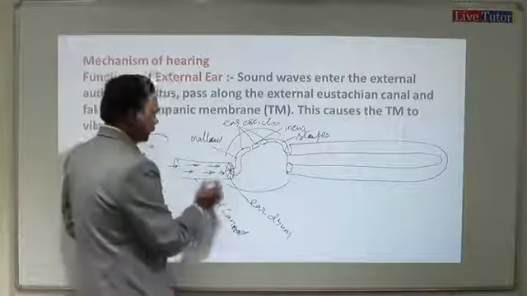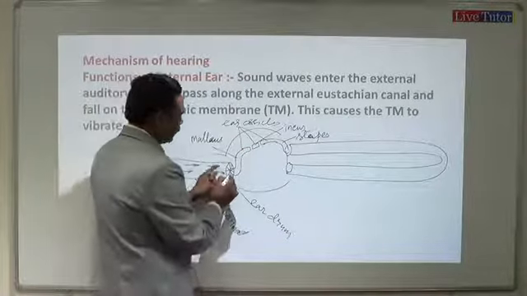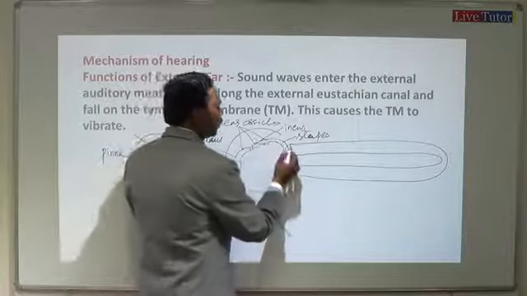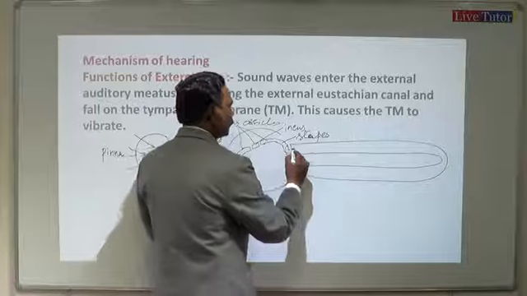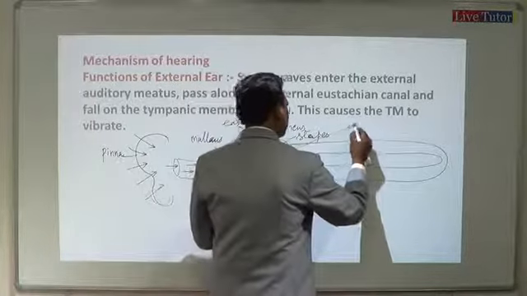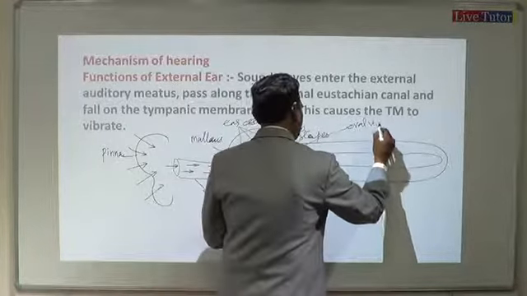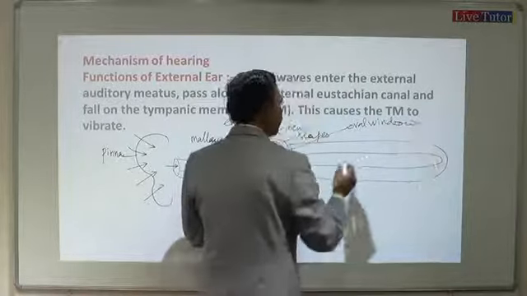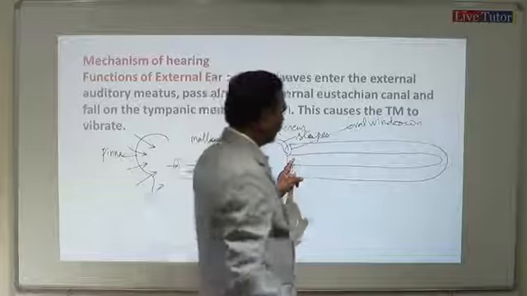So now we can say the eardrum gets vibrated, and the vibration is transmitted to the oval window. This is the oval window in the inner ear.